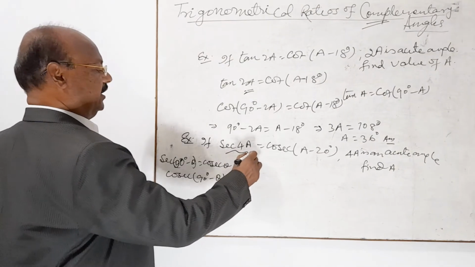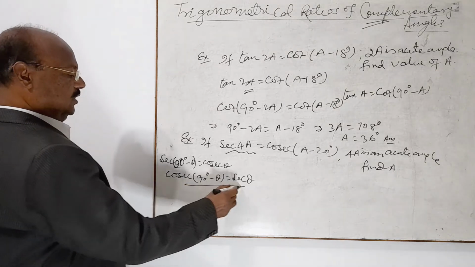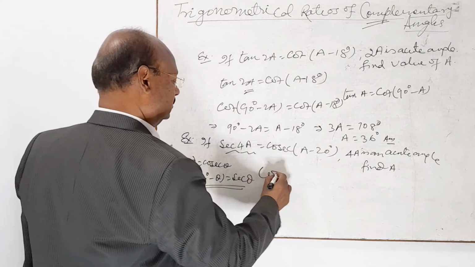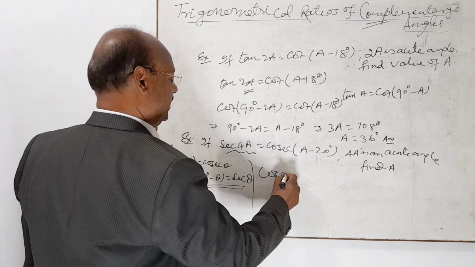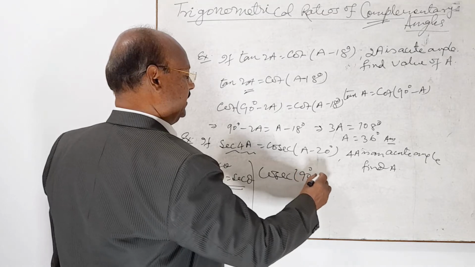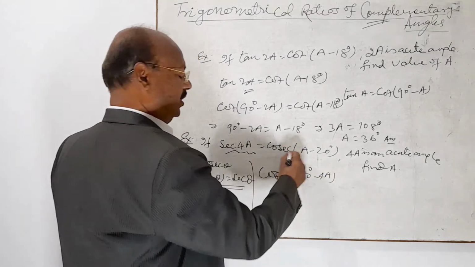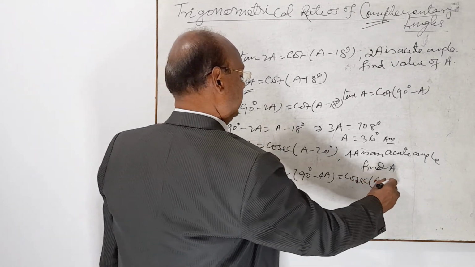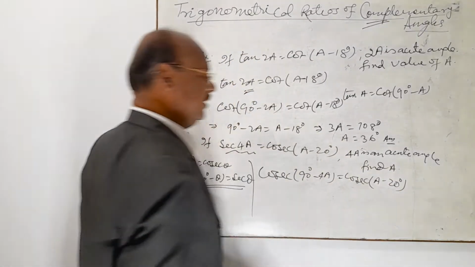So with the help of this formula, this sec 4A can be written as cosec of 90 degree minus 4A, and right hand side is cosec of A minus 20 degree.